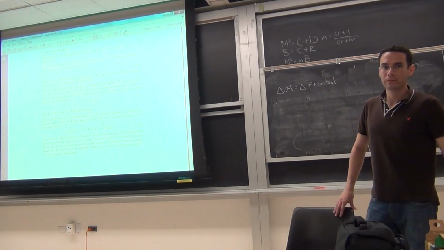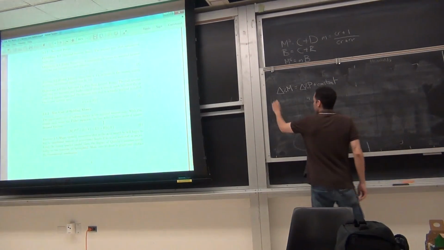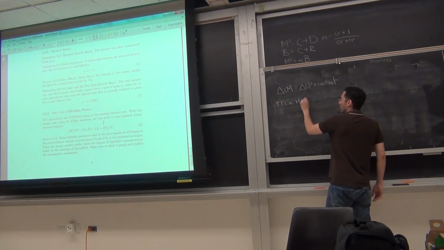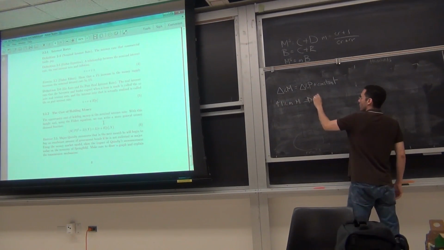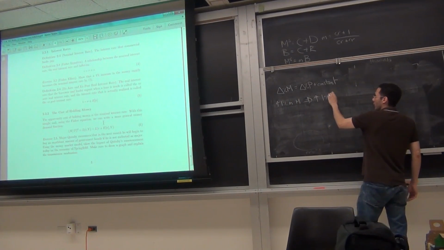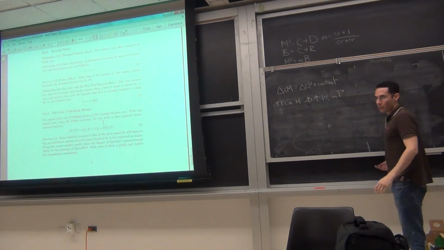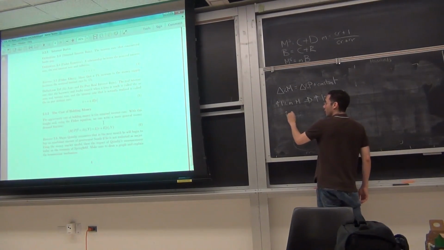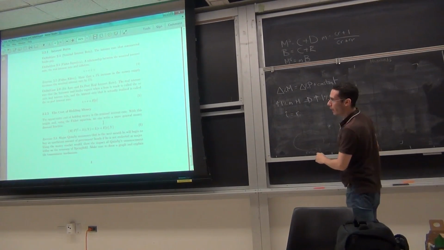So if there's an increase of 1% in M, then there's going to be an increase of 1% in P, so I'm going to have 1% more inflation. And then using the Fisher equation, I have i = r + pi.